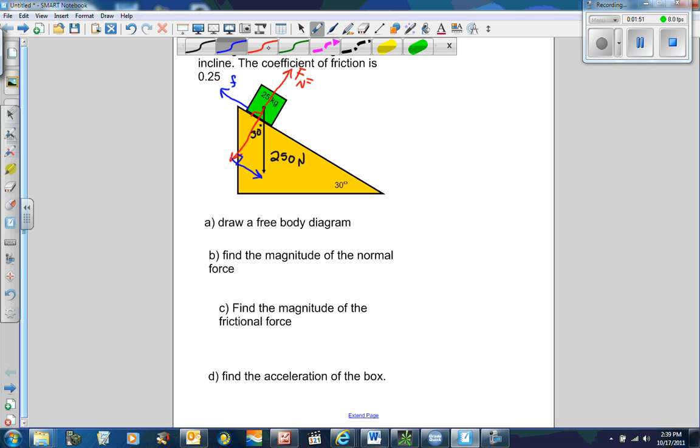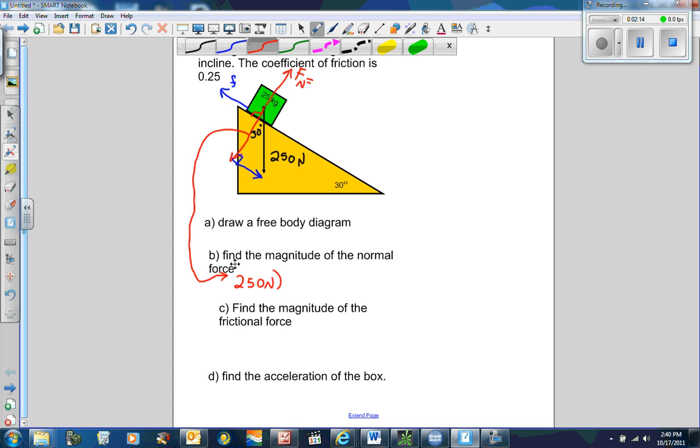Well, we're going to find that by finding the red part of gravity, alright? And that's going to be mg cosine of the angle, where this red part is adjacent to the 30 degrees. So it's going to be the hypotenuse, which is 250 newtons.